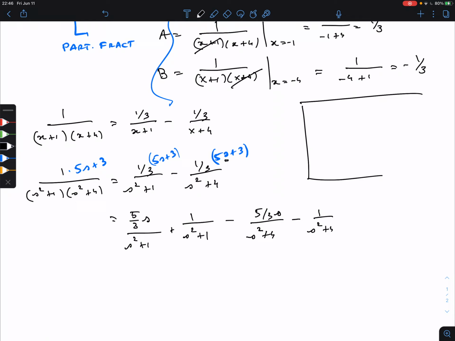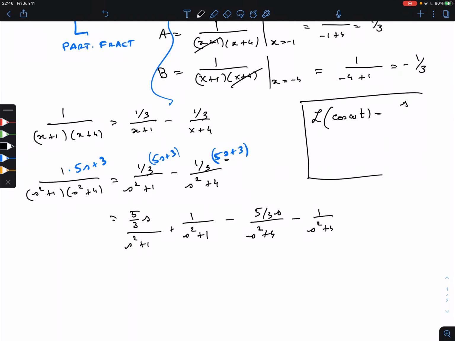Quick reminder, right? The Laplace of cosine omega t is s over s squared plus omega squared, and that of sine omega t is omega over s squared plus omega squared. Okay, so what is omega here? Well, in this case omega is 1.